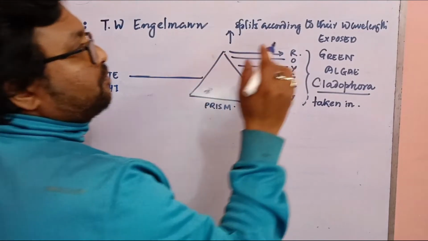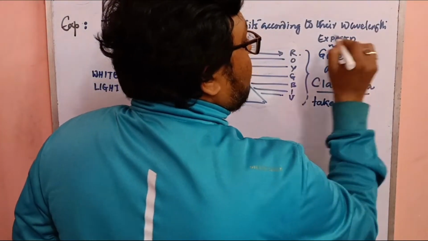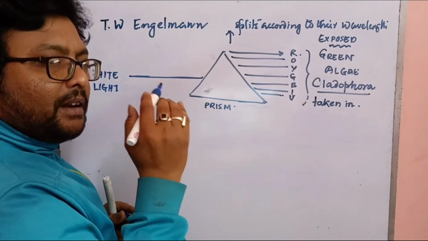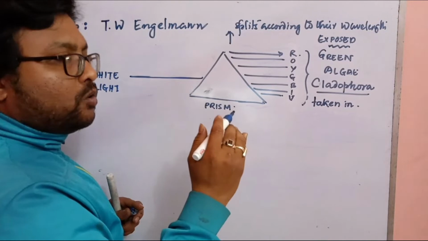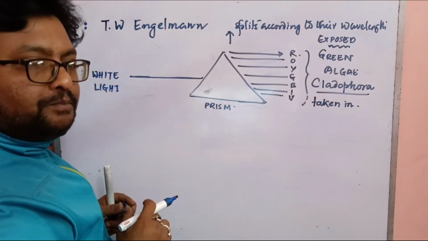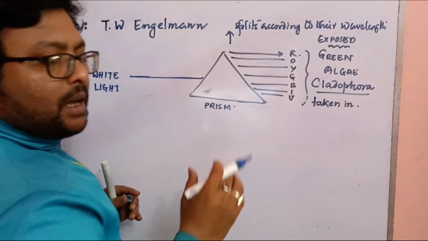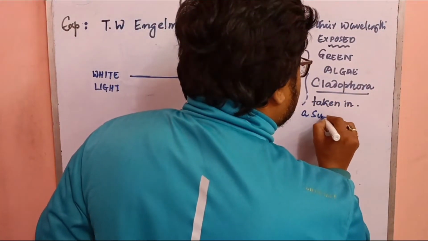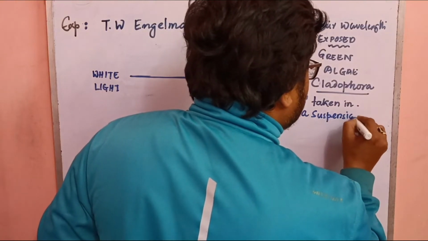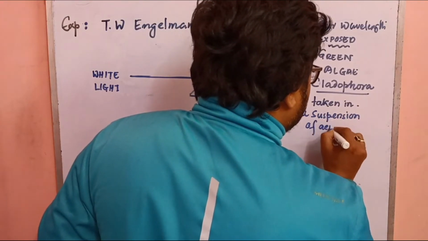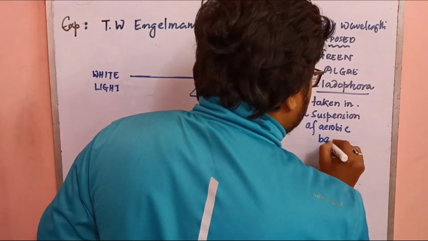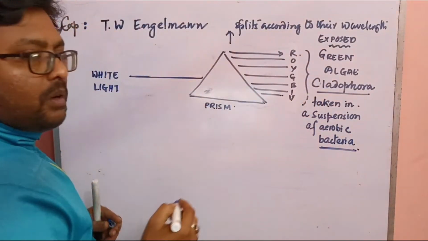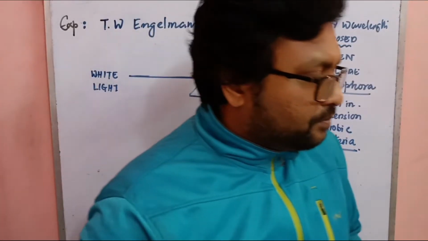Basically, what we'll find is that Cladophora, a green algae, is exposed to this VIBGYOR. Now this Cladophora is taken in a suspension of aerobic bacteria. Now, what is meant by aerobic bacteria?